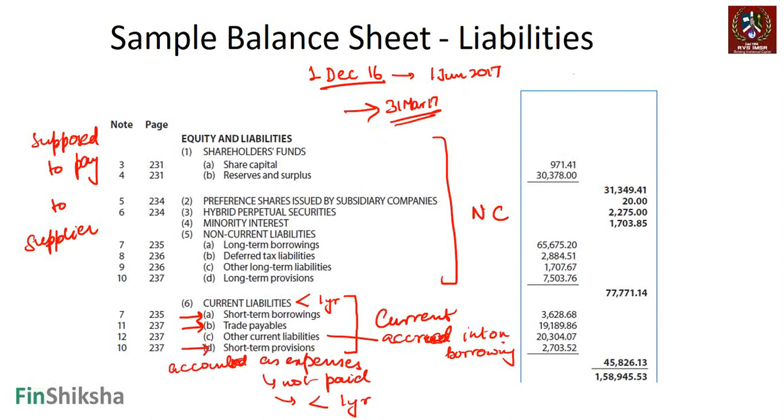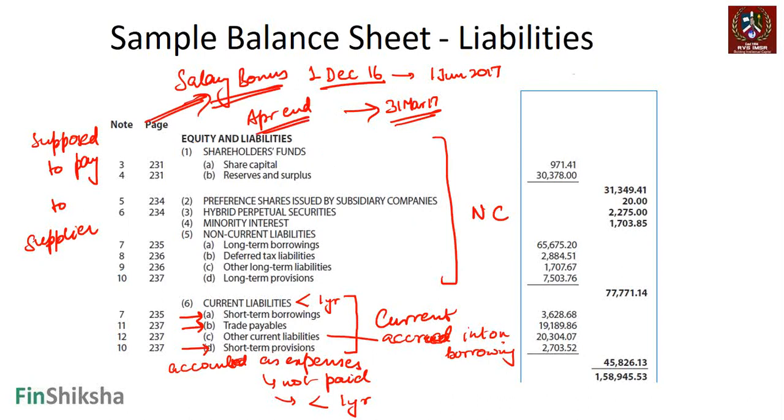I could have accounted for the dividend I'm going to give to my shareholders, but may not have paid that as yet, right? I could have declared a salary bonus to an employee, right? And not paid it. This payment might happen sometime in April end, right? So in the P&L statement, this will appear as salary because this is already announced.